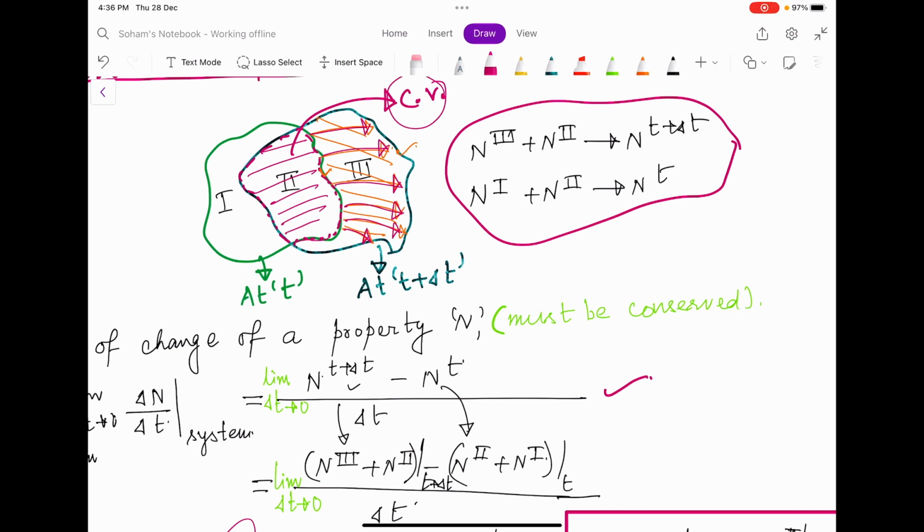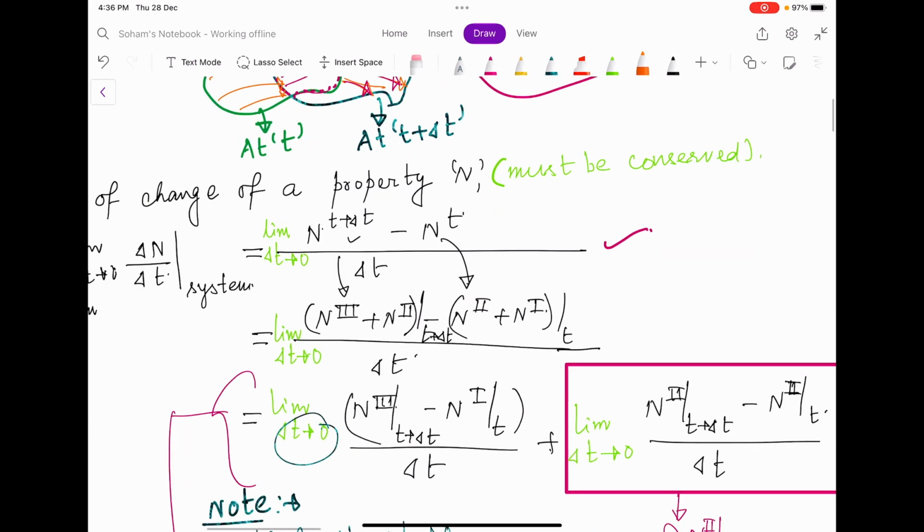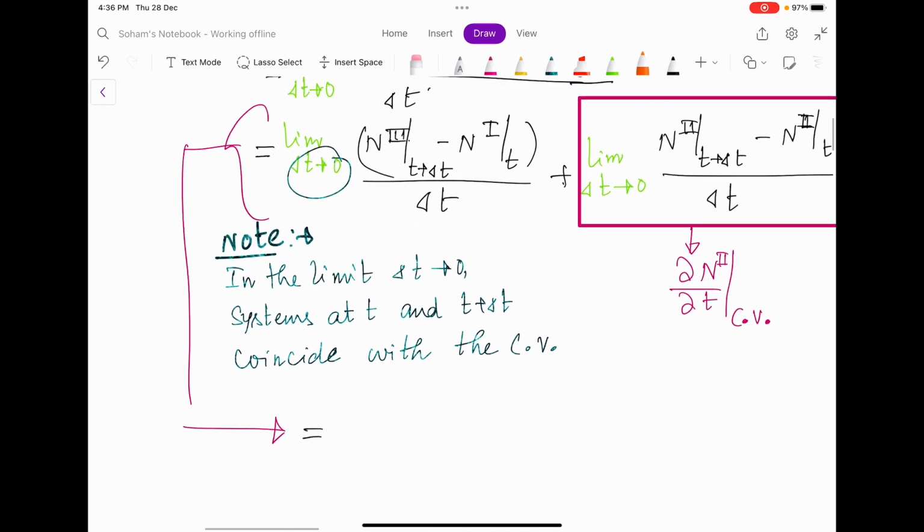And according to a similar concept, this part will be the influx with respect to the control volume, such that the flux of the property n is going inside the control volume.